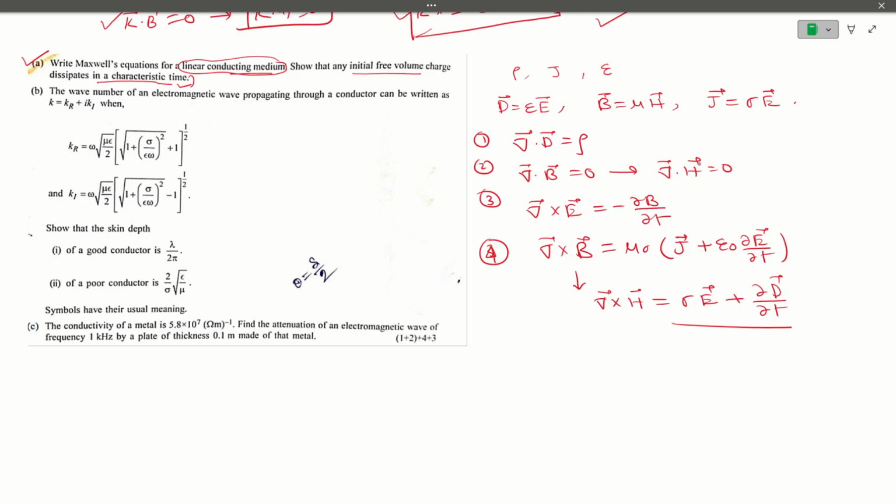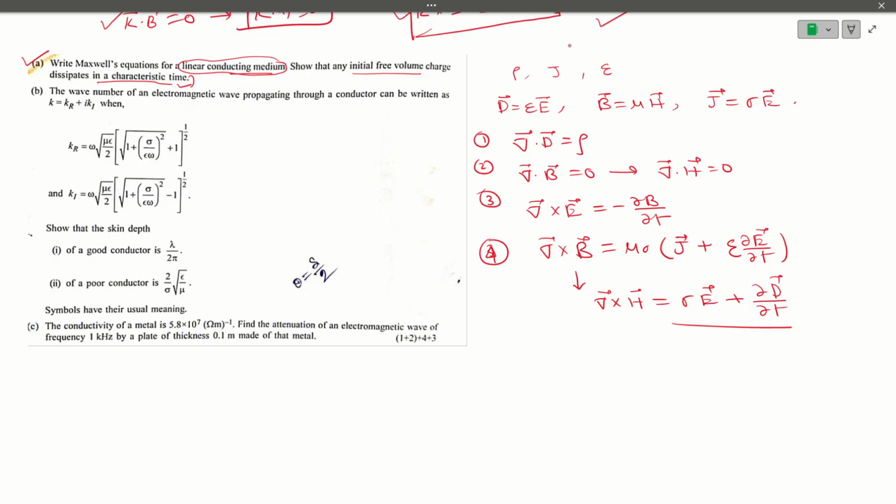So we deal with a medium with a permittivity epsilon, so we have to write here epsilon, not epsilon naught, for a free medium. So here epsilon times del E del T.